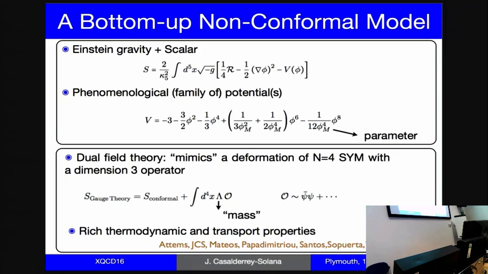This is a completely phenomenological potential that does introduce non-conformal effects into the theory. The potential is inspired by top-down modifications of N=4 super Yang-Mills, but those become much more complicated for numerics, so we decided to put something simple to start with.